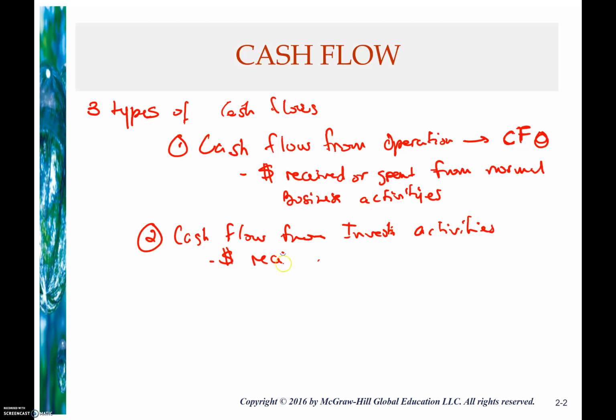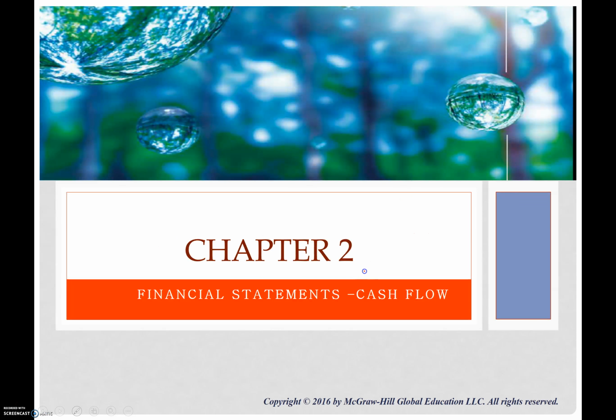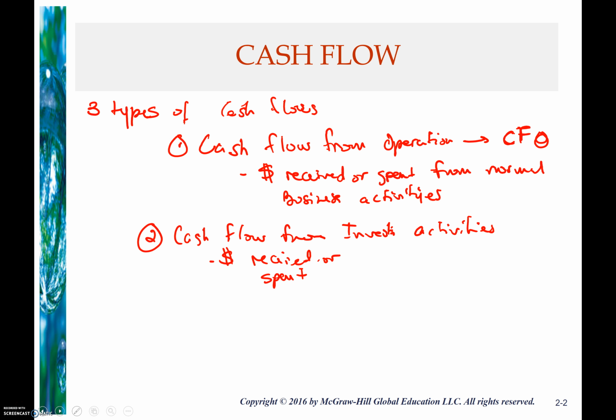So it's cash received or spent through investments. So if you purchase a new piece of equipment, if you purchased a new building, if you're building that new plant, that amount of money that you're spending in order to build the new building, purchase that piece of equipment, will be found in your cash flow from investing activities.